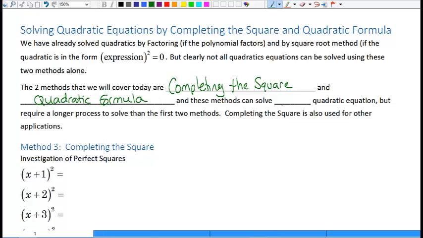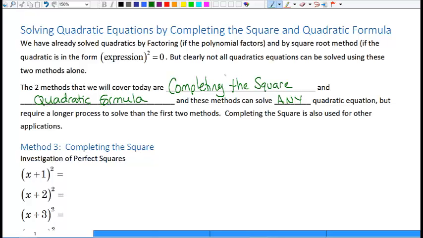And these methods can solve any quadratic equation, but both of them require a little bit longer process to solve than the first two methods, the square root method and the factoring. So although these are great because they can solve any of them, they are a bit longer. Now, completing the square is also going to be used for other applications in the next class. So completing the square is important to know for future reference.